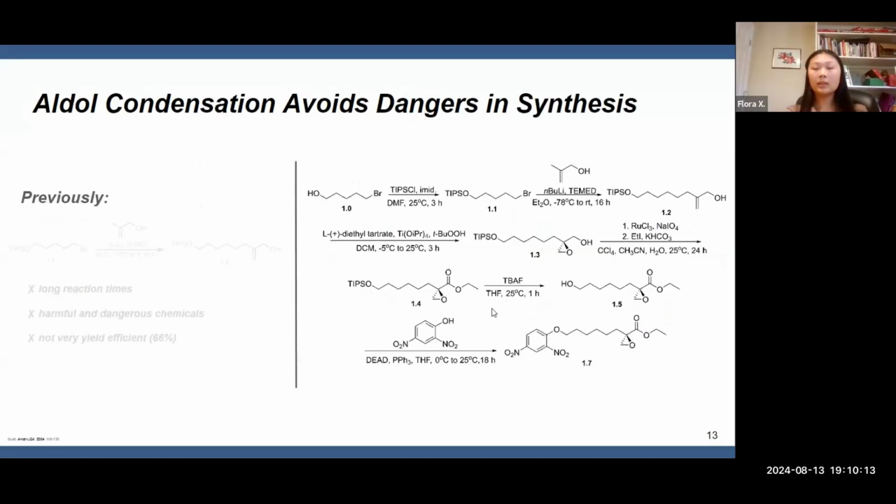To synthesize these molecules, we need to first create a synthesis route where we'd have a late stage intermediate where we could easily access analogs from.